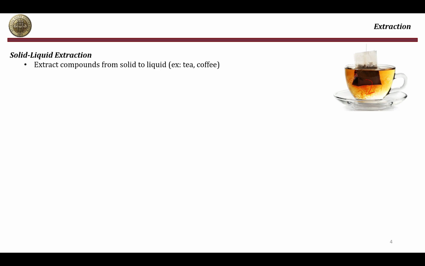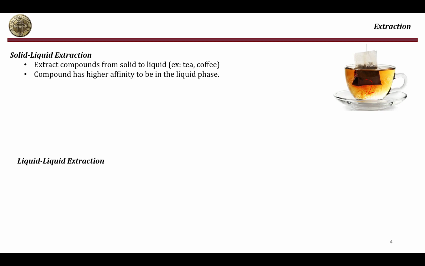Whenever a tea bag is immersed in hot water, the solid compounds, which consist of the tea components, will start to move out of the solid and dissolve in the liquid phase. This is an example of a solid-liquid extraction. The compounds usually have higher affinity to be in the liquid phase, that's why they start to get out of the bag and dissolve in the liquid.